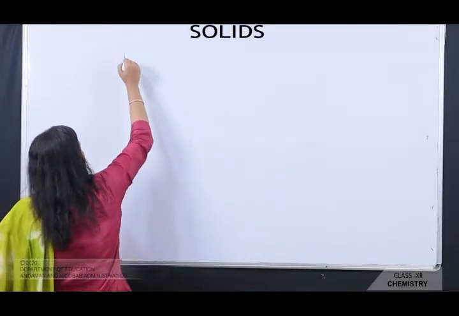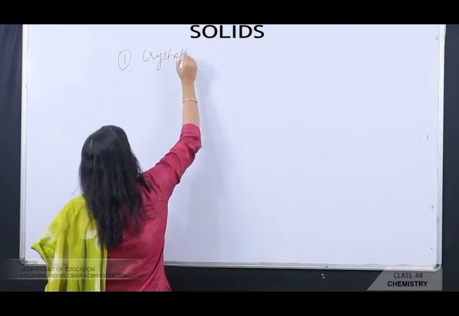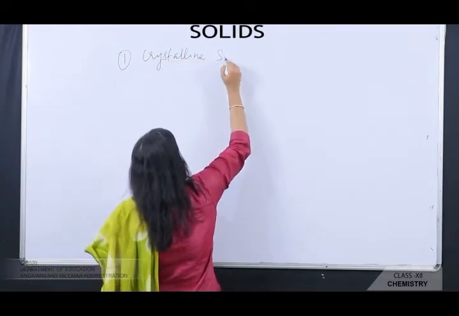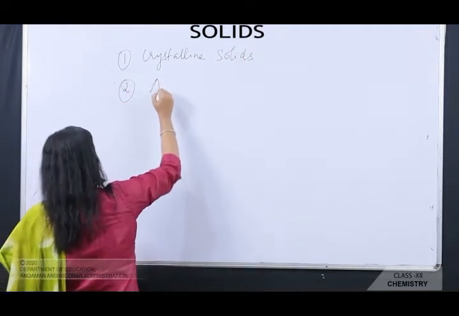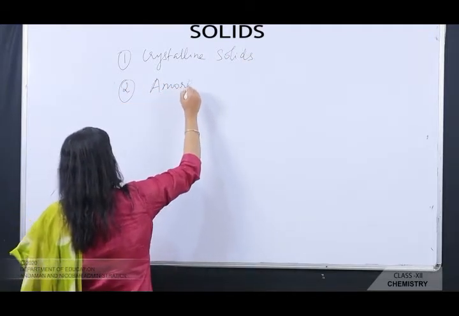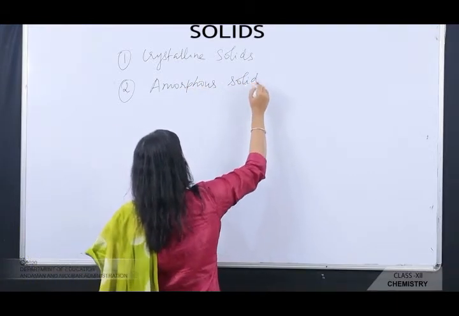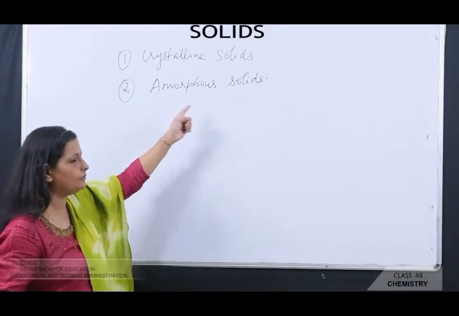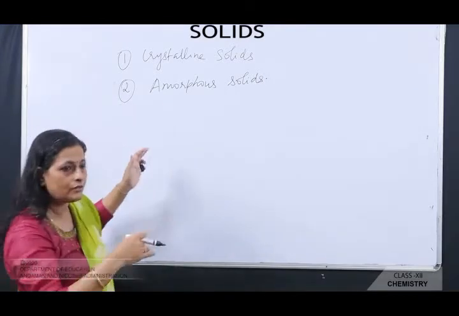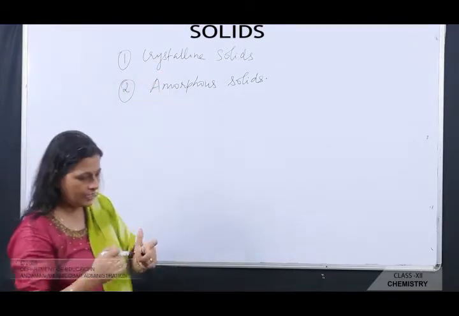See, solids are classified into two categories, crystalline solids and amorphous solids. I'll just make two columns and I'll explain by differentiating crystalline and amorphous solids.